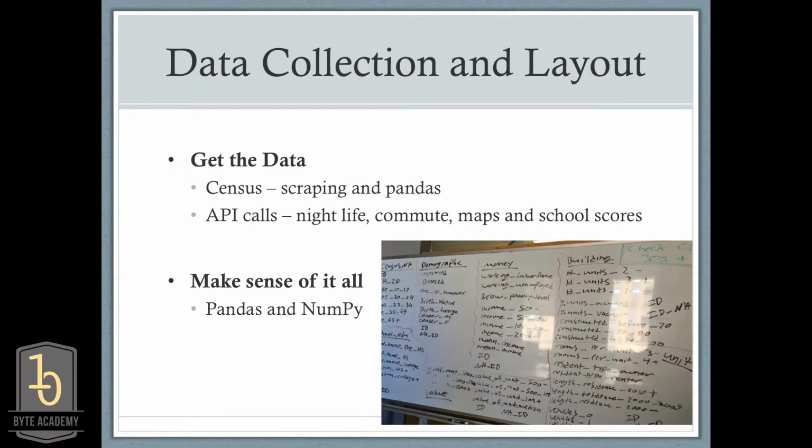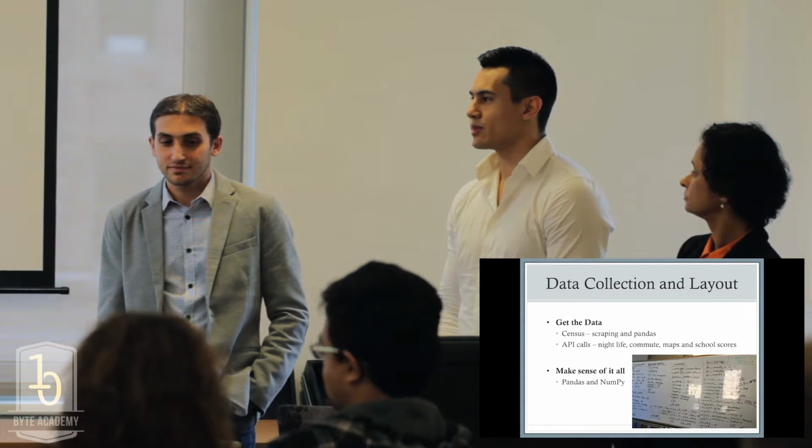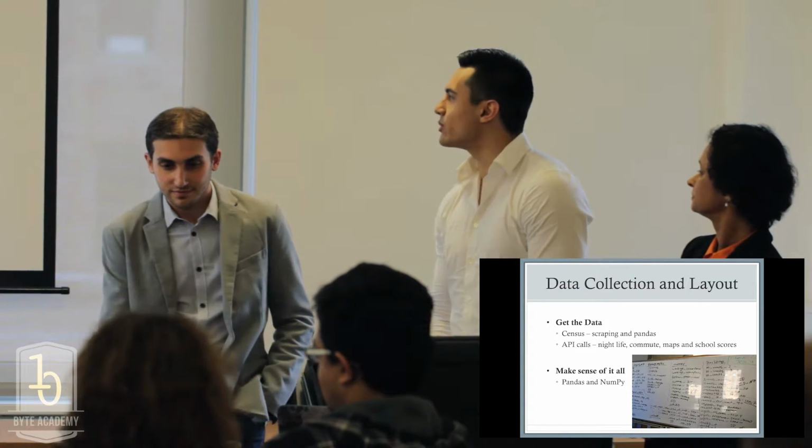Once we did that, we used pandas to collect specific things in all these spreadsheets, like neighborhood names, median income, types of buildings, and age ranges, and then saved those as fields and tables in our database. Once we had neighborhoods in our DB, we could use those neighborhoods to make API calls to Google to get the location or a street view. After we have all the collected data in our database, we have it ready to be queried by the user. And that brings me to Nat with the algorithm.